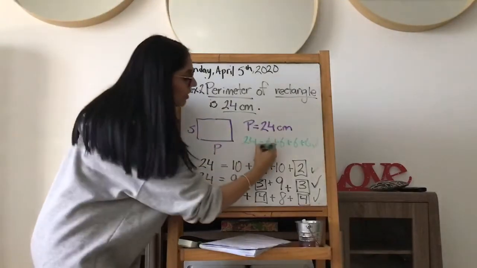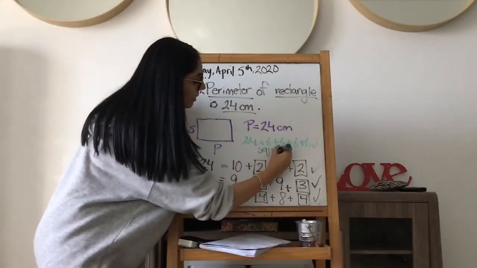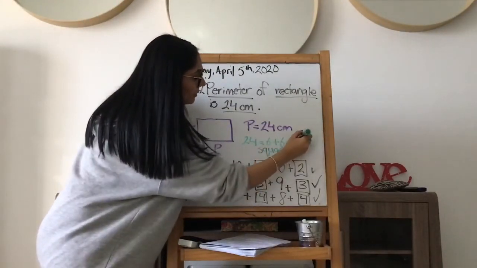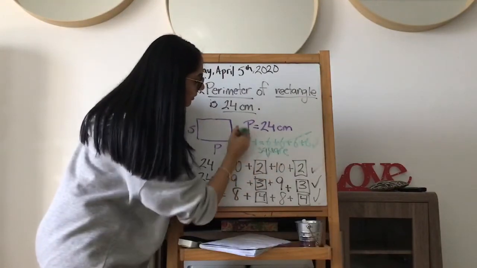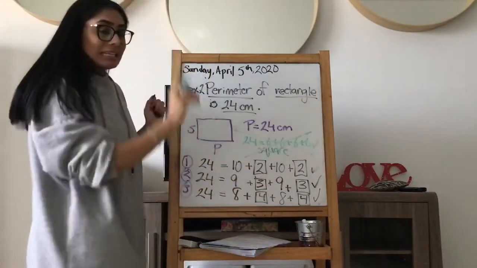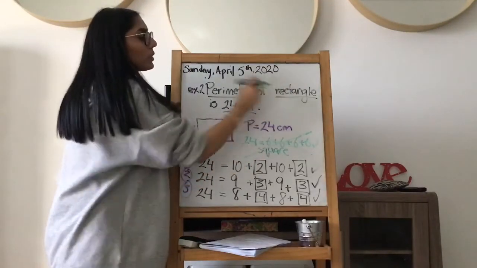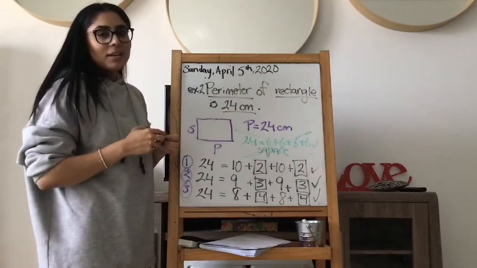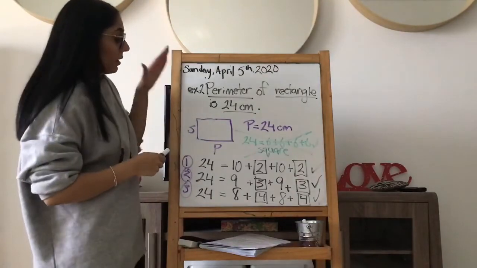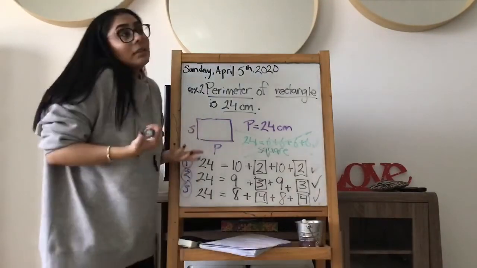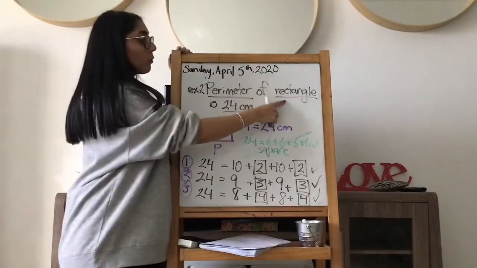This would be a square, right? So I want you to write it in, but I want you to neatly put an X over it so you can still see that does not work because this is a square and we wanted a rectangle, okay? Does that make sense? So your job in this lesson or this topic is just to figure out what the shape is.